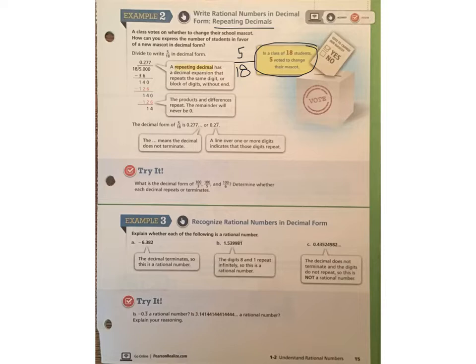So writing that in a decimal form means division. 5 divided by 18, which in long division form you can see right here, they've already done the work for us. But this time, instead of getting a terminating decimal, we get a repeating decimal. A repeating decimal has a decimal expansion that repeats the same digit or block of digits, and there's no end at all.